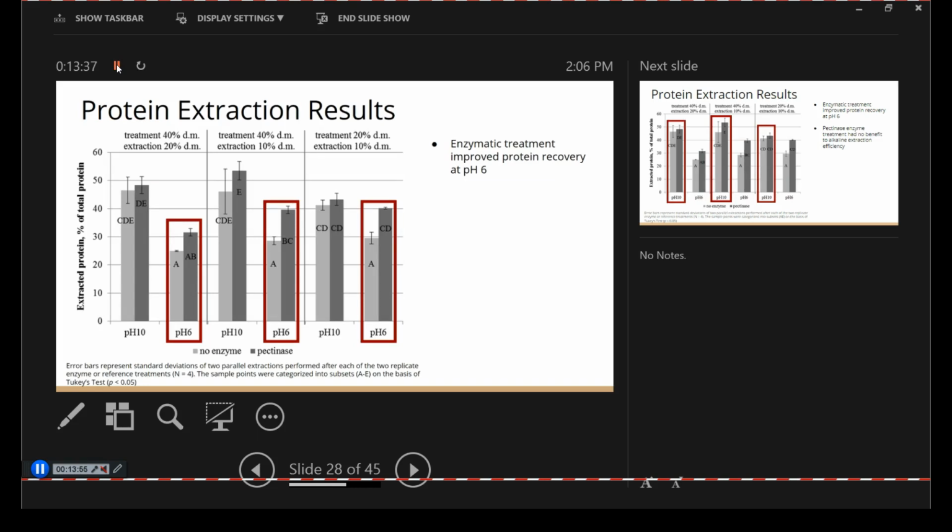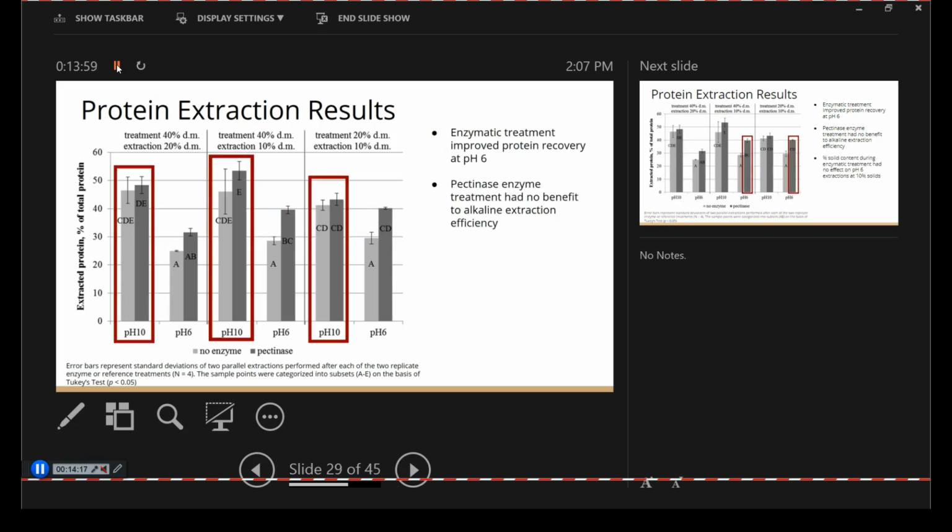Looking at the protein extraction results, we can see the difference for treatment solids at the top as well as the extraction solids. And then we're looking at the difference in pH 10 extraction versus pH 6 extraction. We can see from this that the enzymatic treatment improved protein recovery at pH 6.